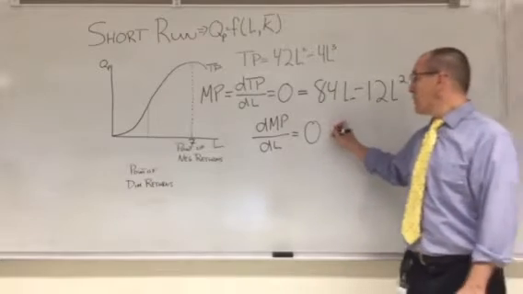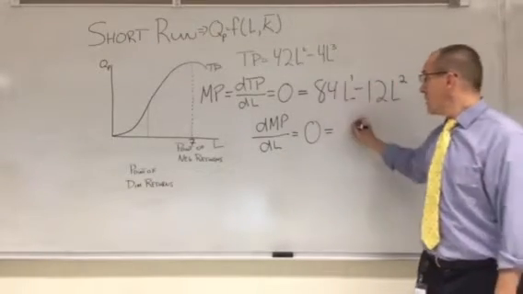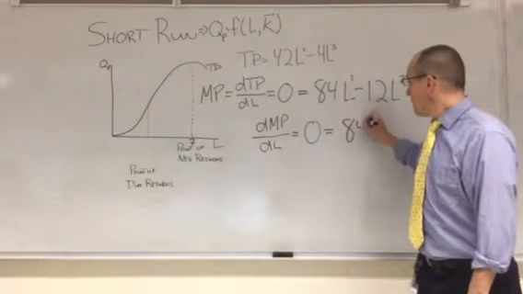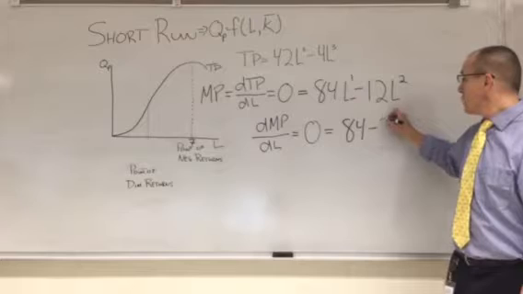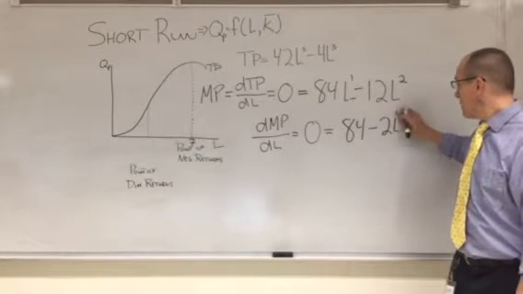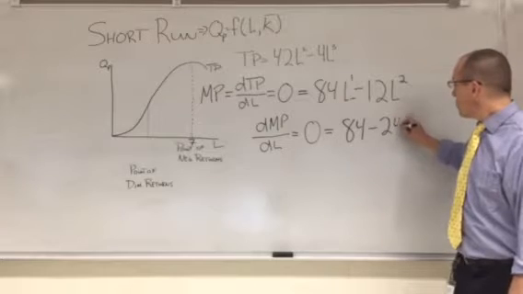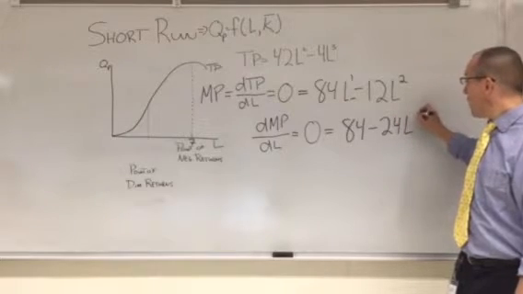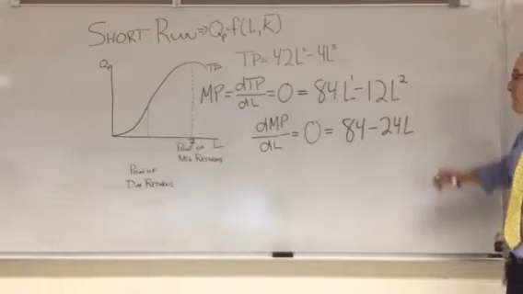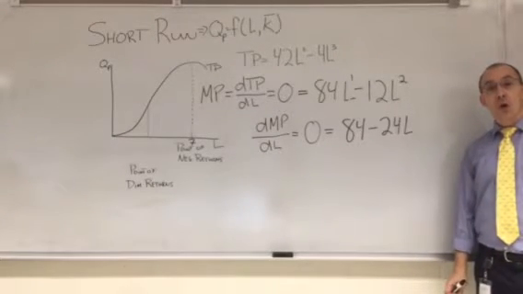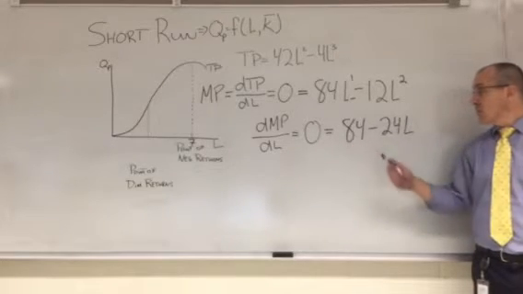Same basic rule. This is L to the 1. It simply becomes 84. 2L becomes 24. 24, L to the 1, which is just L to the 0. So, what I do from here, I solve for 0.